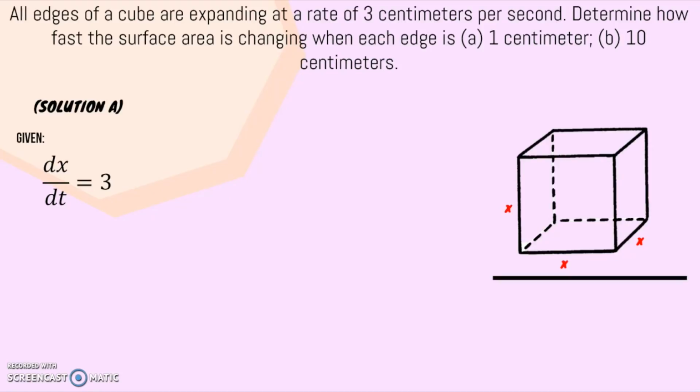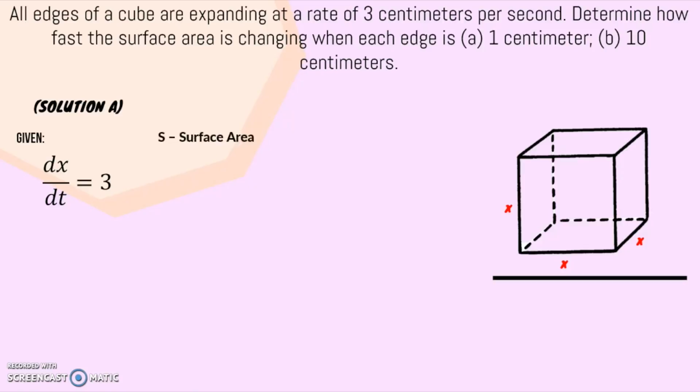And then the problem asks us to find out how fast the surface area is changing when each edge is at 1 centimeter and 10 centimeters. But first, we have to deal with A. Okay, so let's start with the first problem where x is equal to 1.